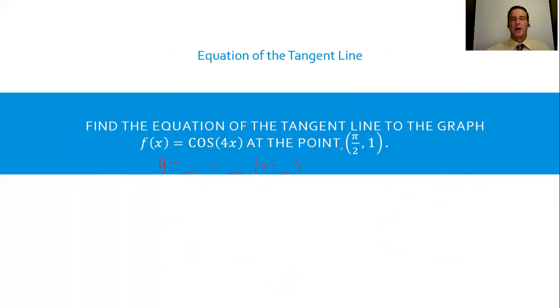Here's my x value, pi over 2. Here's my y value, which is 1. I didn't even have to plug anything in to get that. All I need is the slope of this f of x function at pi over 2. So f prime of x is equal to, the derivative of cosine is negative sine.